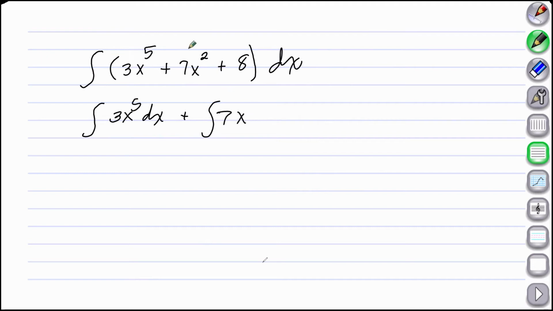If these were both squares, you would have added them. Okay, so this one we could pull out the 3, or you can leave it if you want. And 3 is just going to stay.